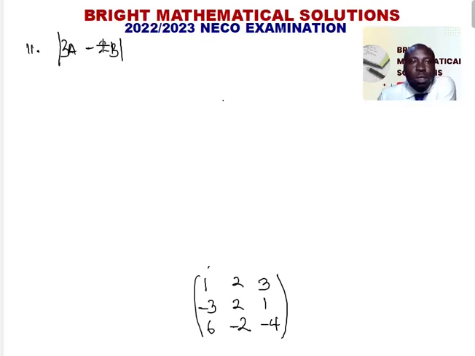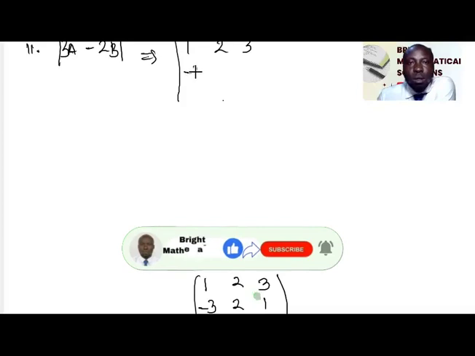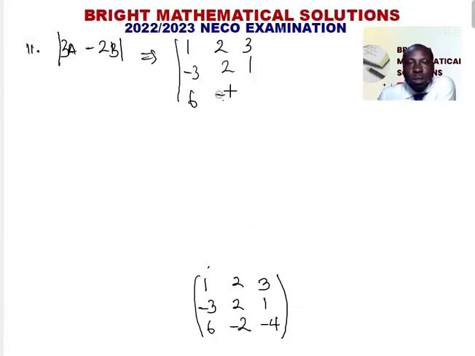That means the determinant, and define the determinant. So that is 1, 2, 3, minus 3, 2, 1, 6, minus 2, minus 4.